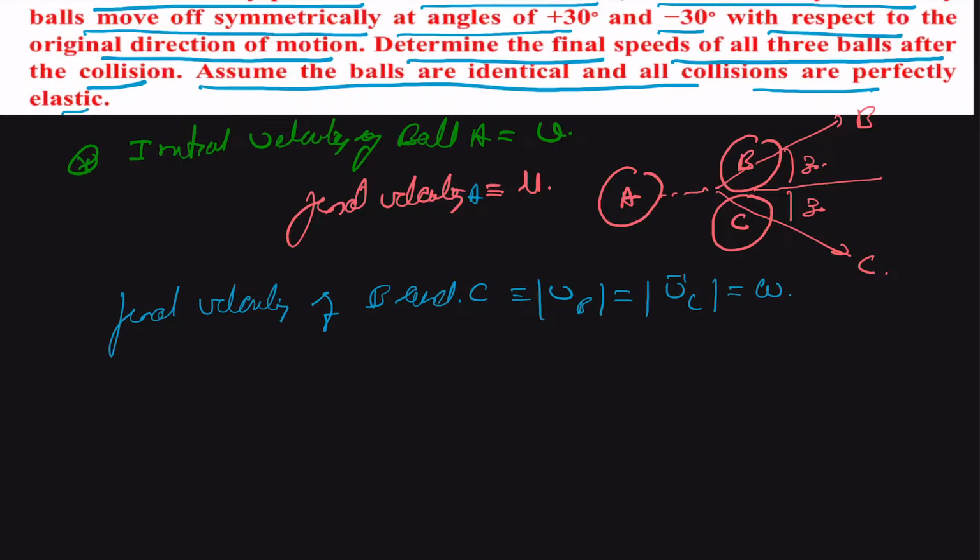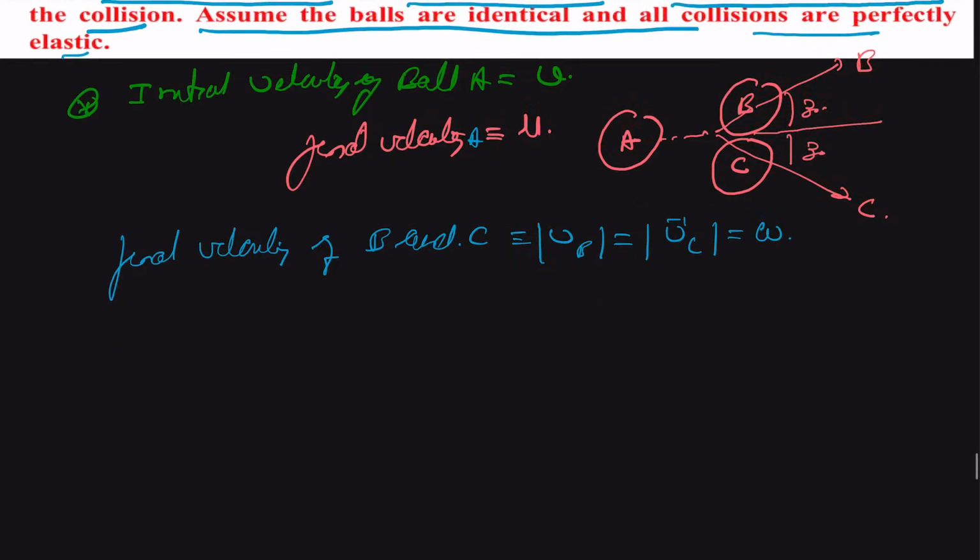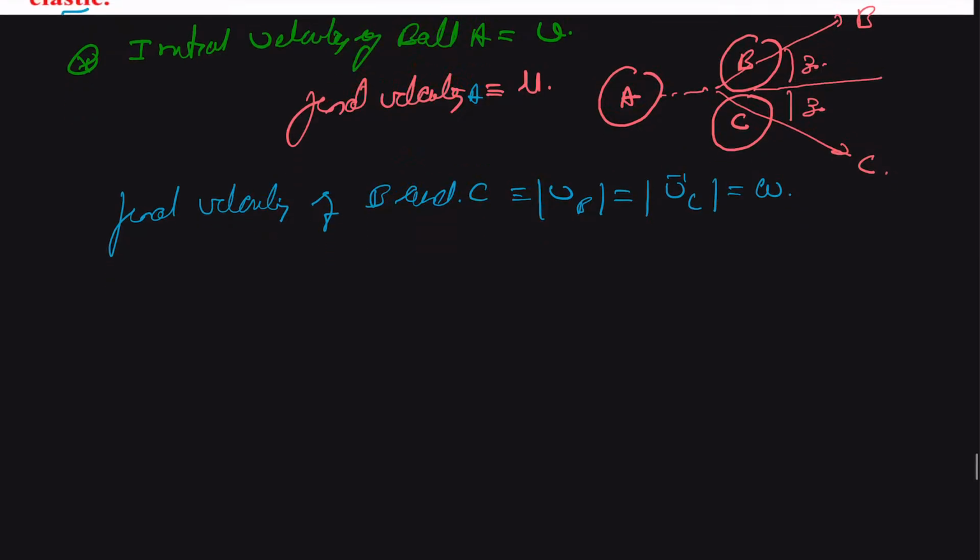We are going to use the conservation of momentum. For the initial momentum, only ball A is moving in the x direction, so P initial is equal to mv x unit vector.